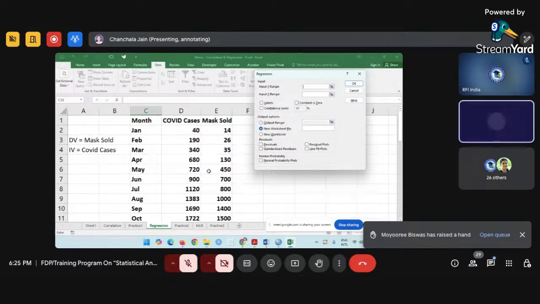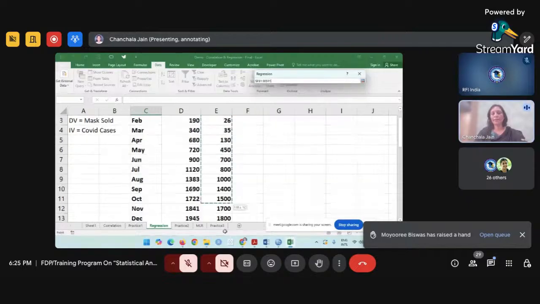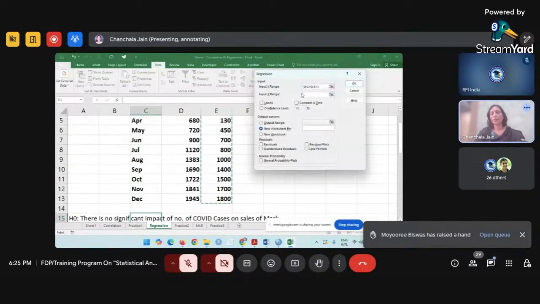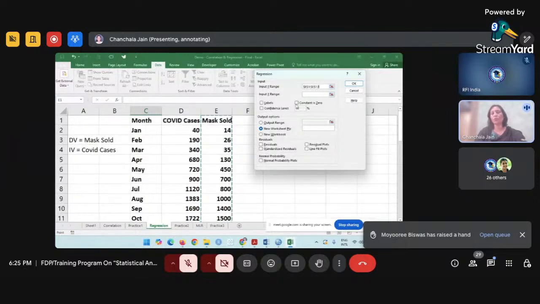Yes, ma'am. It is asking for the input Y range. Y, as I said, will be your dependent variable, so you need to provide the dependent variable here. I'm selecting the masks sold range, which is E1 to E13 in my case. You need to check in your sheet what the range is. Next is the input X range.